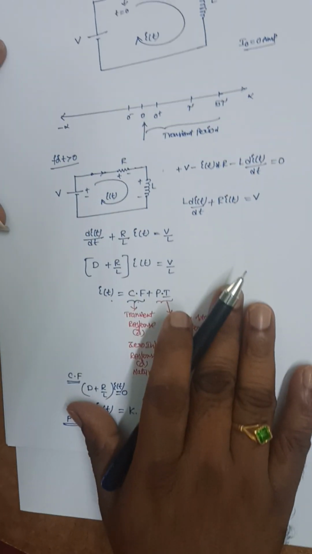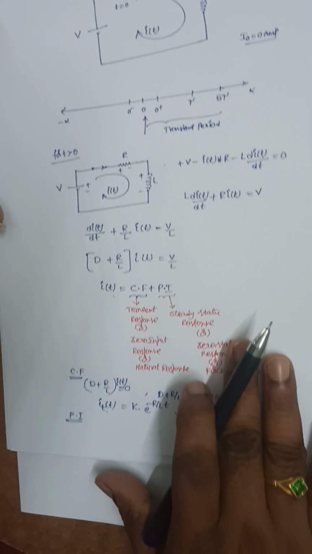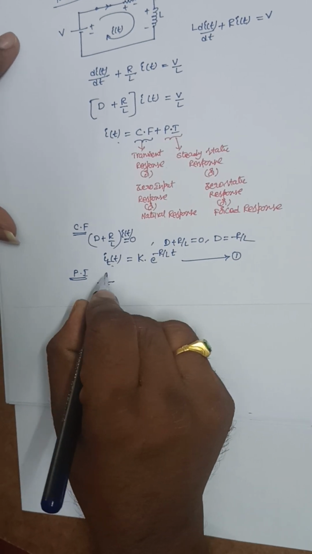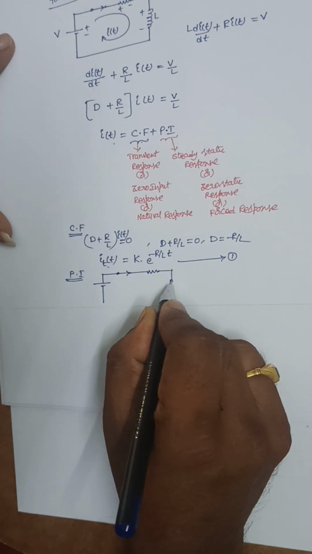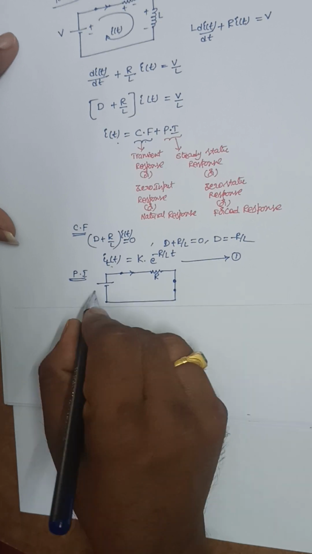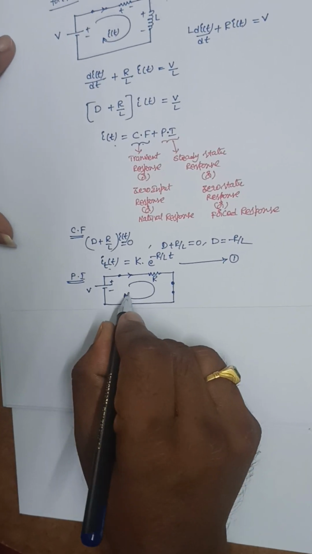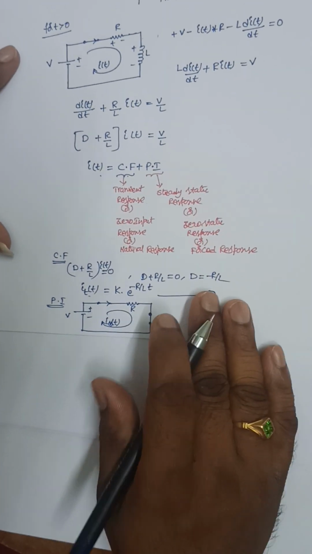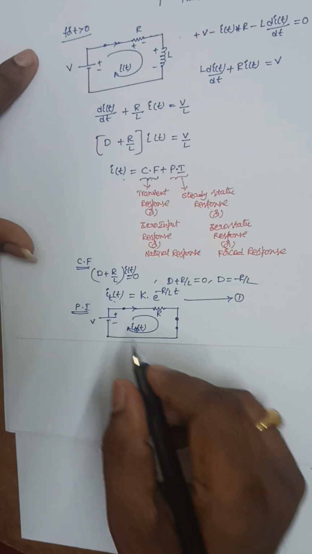Particular integral is nothing but the final response or steady state response. Under final state or steady state, this inductor will act as a short circuit, we know that. So if I draw that circuit, it has plus and minus, the switch is closed, it is R, and this inductor will act as a short circuit. This is the R value, and this is the voltage source, and this current is the steady state current I_SS, which is the particular integral.